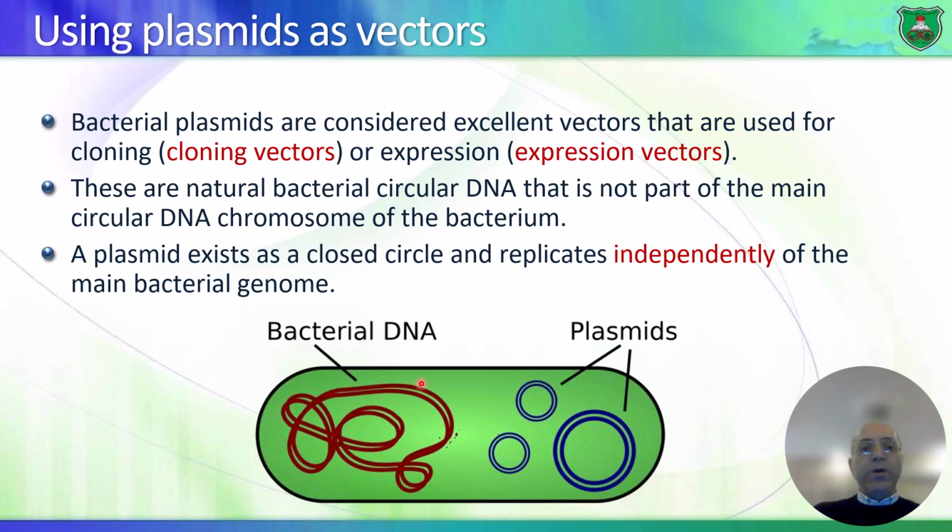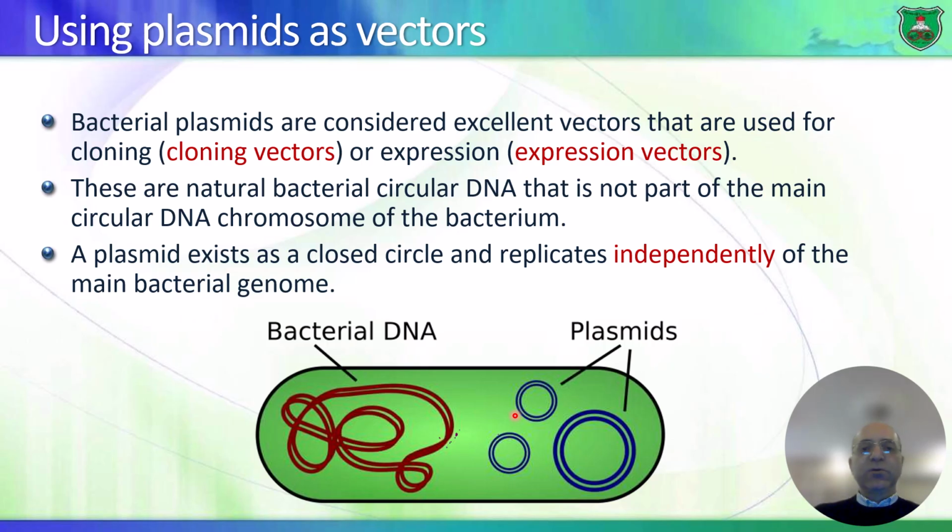So there's one copy of the bacterial chromosome, or chromosomal DNA. But bacterial cells can also have plasmids. These are circular DNA pieces that can replicate independently. Each bacterial cell can have multiple copies of each plasmid, and these are small pieces of DNA.